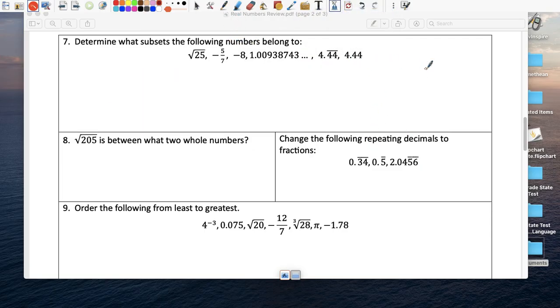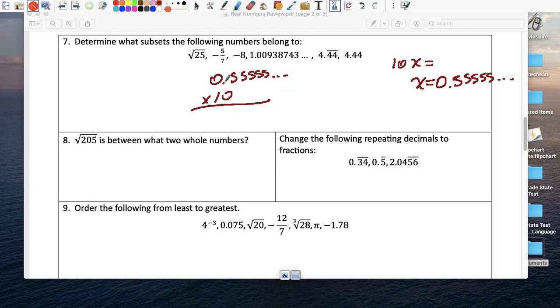0.5 repeating. Well, this one is easy, right? x equals 0.55555 forever and ever. It's one number repeating, so we multiply both sides by 10. x times 10 is 10x. Multiplying 0.55555 by 10, the decimal moves one over and it becomes 5.55555, dot, dot, dot.